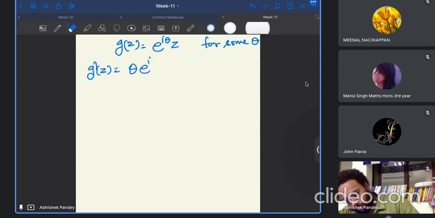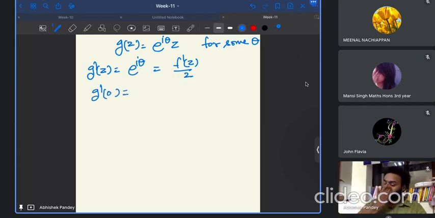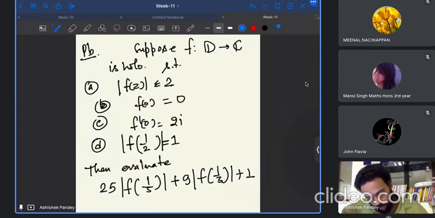Now g dash z is e to the power i theta, which is nothing but f dash z by 2. So g dash 0 is basically, just wait a minute, what is the fourth property?